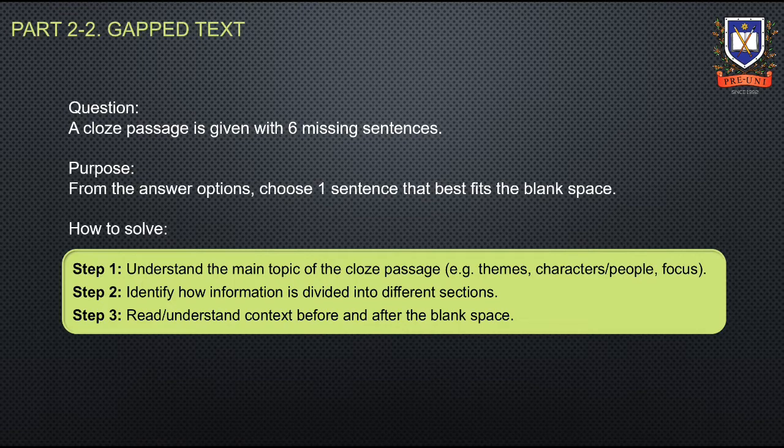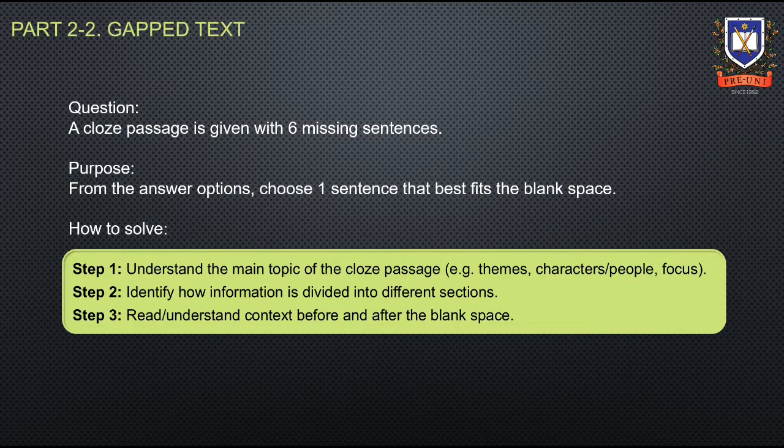So the steps required are that we need to understand the overall main topic of the passage we read. We can do that by looking at the themes, the characters, or the people that appear in the passage, as well as what it actually focuses on. Then we can see that this passage is divided into different sections, usually through the use of paragraphs, which each focus on different things.